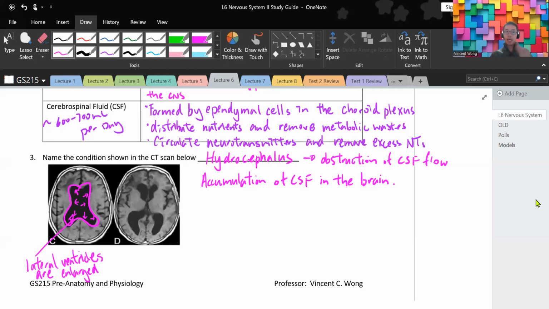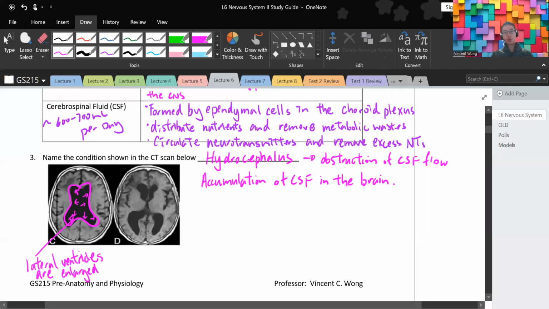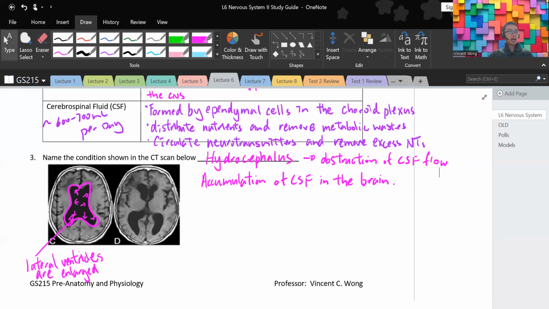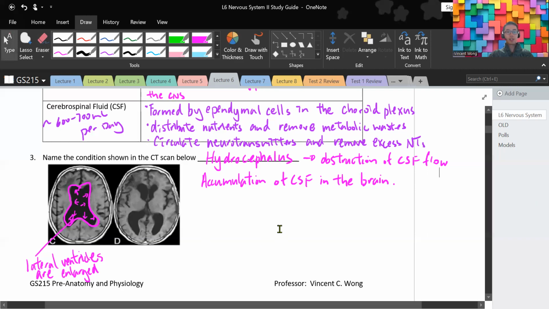For adults, the head size is not going to change because, again, the skull is pretty much solid, right? It's fully calcified. And so that buildup of pressure is just going to be building up inside and crushing the tissue around the edge of the ventricles. So there you have it. That is hydrocephalus. Okay.